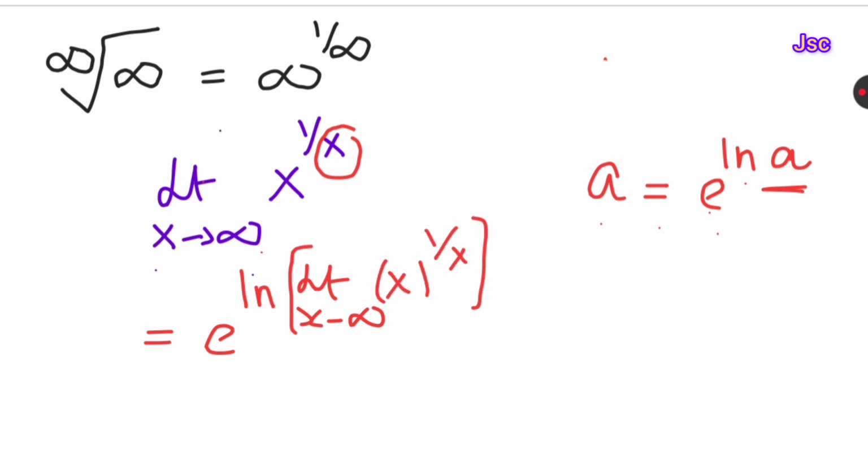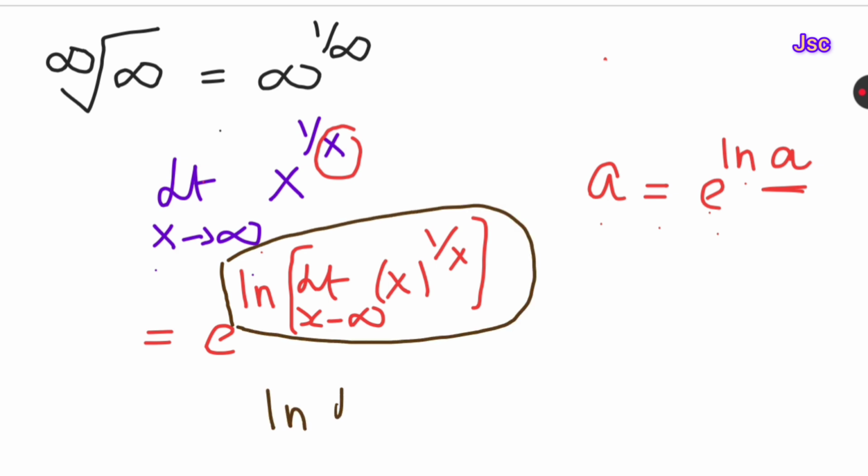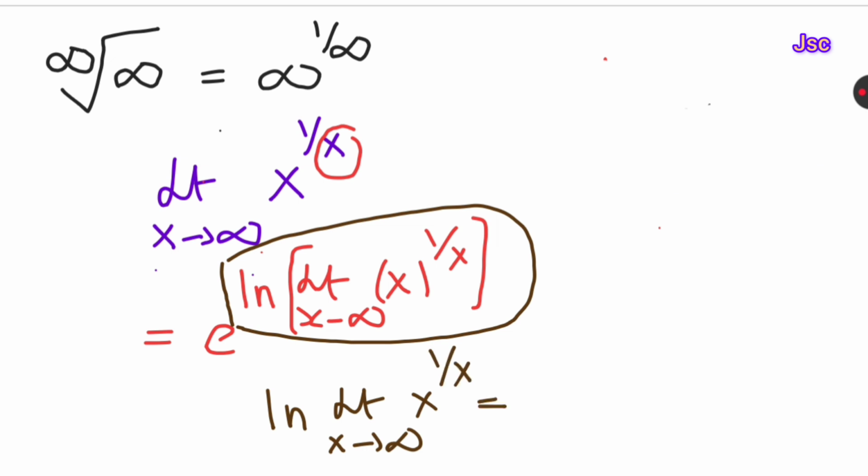Now observe only the exponent, which is ln of limit x tends to infinity, x raised to the power of 1 over x. Let's observe only this. This we can write as limit x tends to infinity, ln of x raised to the power of 1 over x, isn't it? Now this ln of x raised to the power of 1 over x is in the form of ln of a power m.